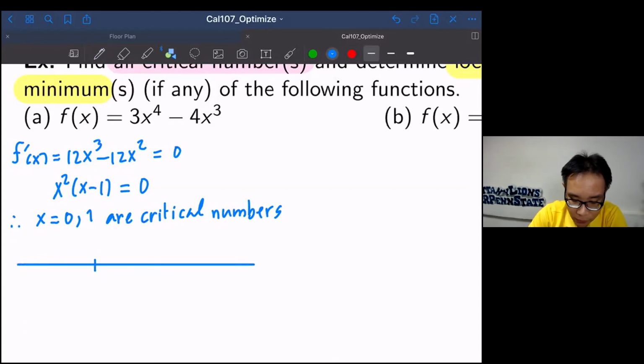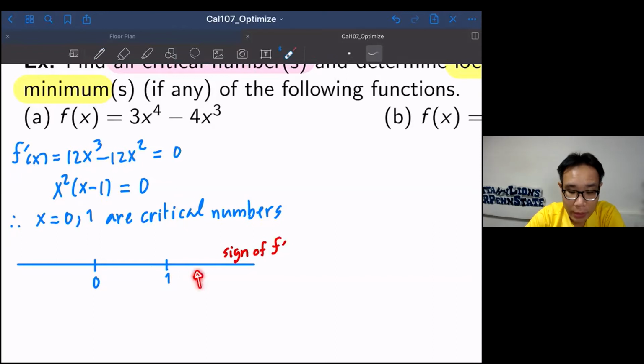And you get 0, 1 to be your boundaries. So you have 0, you have 1. So you have x equal to 0, x equal to 1, and we need to check the sign of f prime. You just pick one point in each interval.